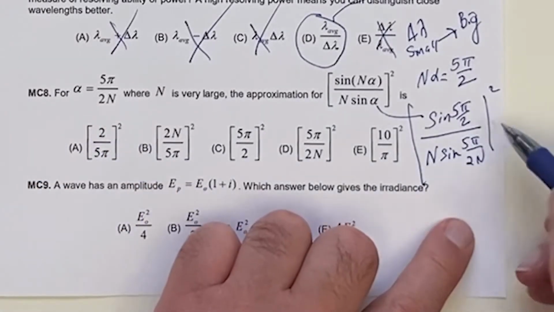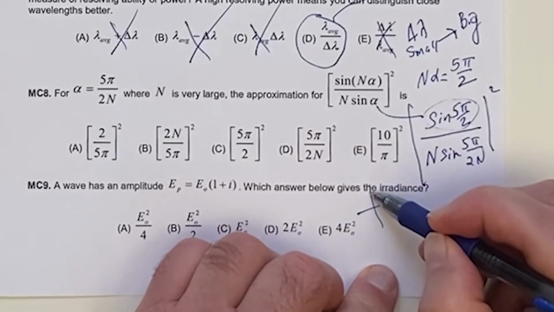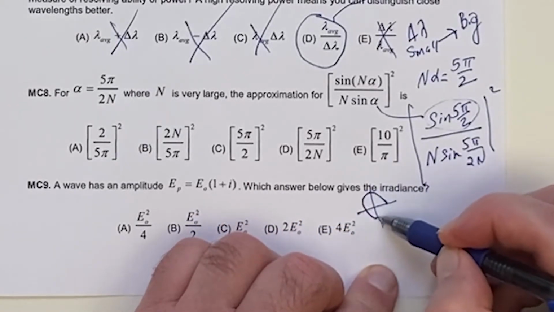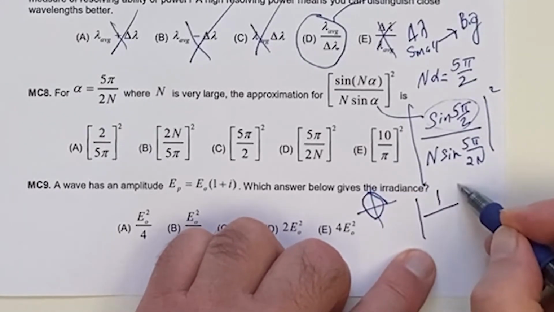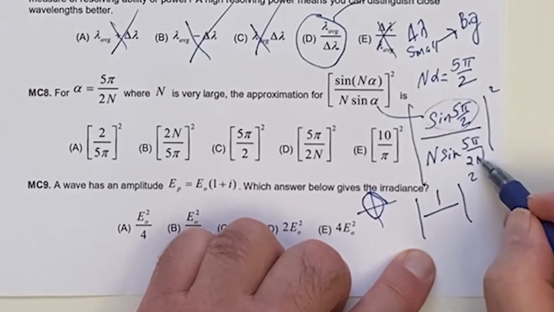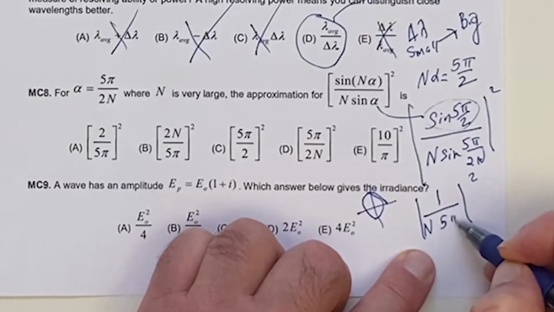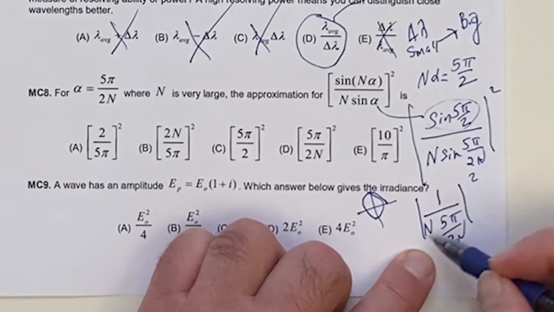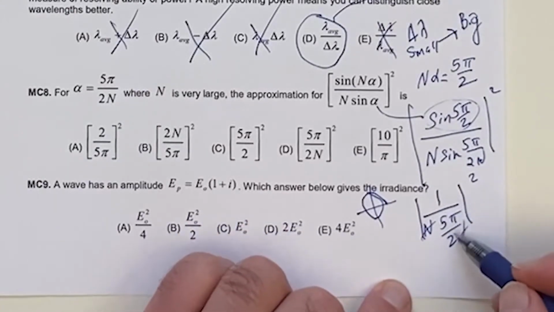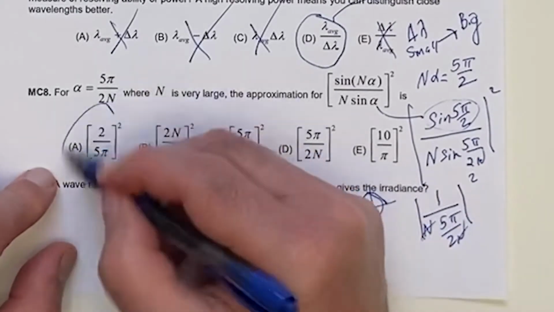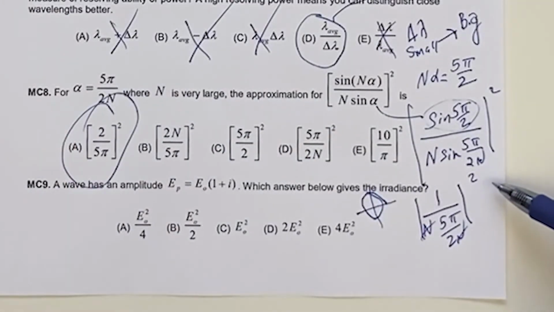If the numerator, when you have the sine, if you're at pi over 2, or 3 pi over 2, or 5 pi over 2, that's going to be 1. So the numerator is a 1, and the denominator, since n is very, very big, this is very, very small, so you can use our approximation where sine of theta is theta, and you get this. The n's are going to cancel. The 2 will flip, so it'll be 2 on top, 5 pi on the bottom. That's this one here, 2 on top, 5 pi on the bottom, and you have the squared going on there.